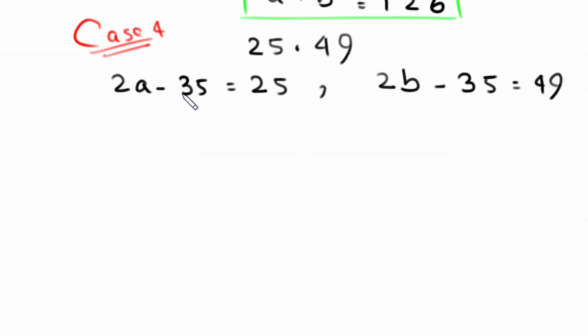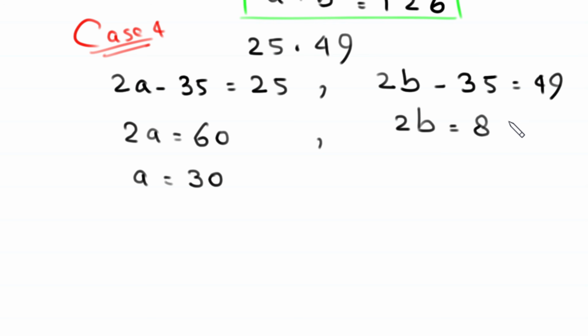Add 35 to both sides of this equation. This implies that 2a equal to 60, and this implies that a is equal to 30. From this equation, add 35 to both sides. This implies that 2b is equal to 84, and b is equal to 42.